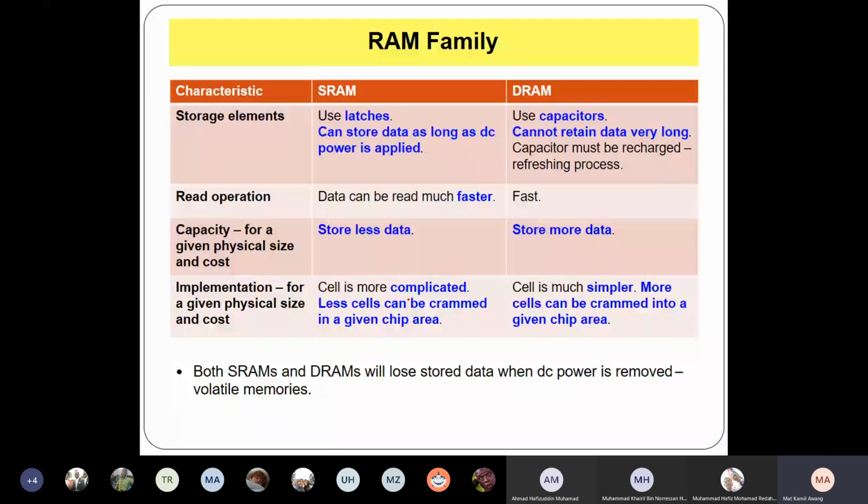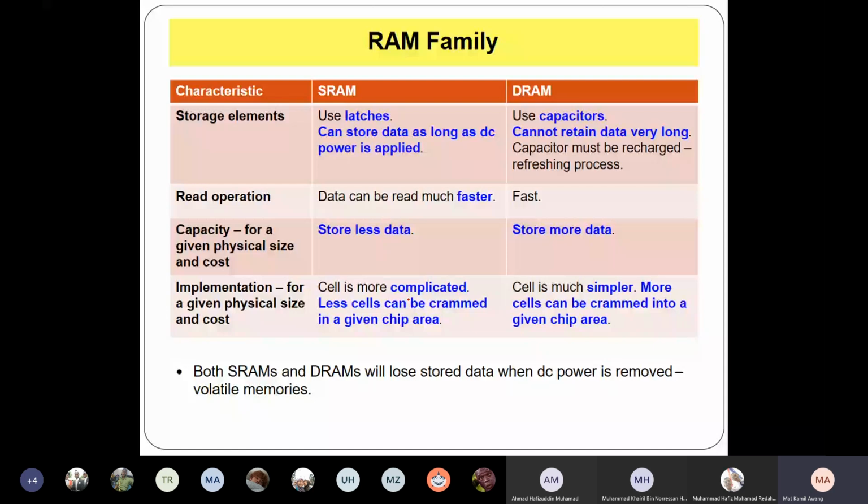So these are the characteristics of SRAM and DRAM. For the storage element, SRAM uses latches that we learned two lectures ago. It can store data as long as DC power is applied. As long as there is power, it can store data. When there is no power, the data is gone.